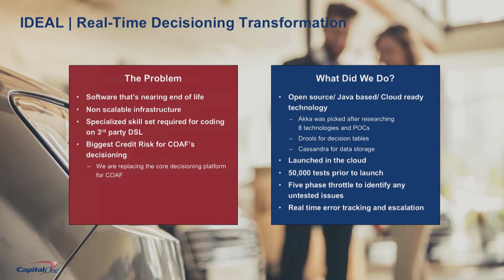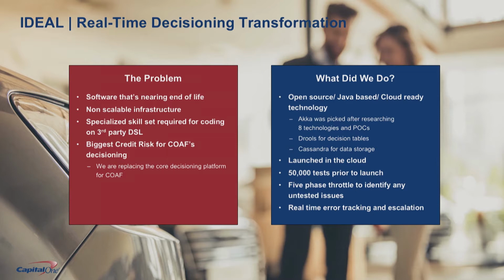So this was the giant credit risk for the company, and we knew we wanted to do this fast. We knew we had to do this thousands of times a second. We knew it was a 24/7 operation, and we have some big data use cases, and I'll get into some of those things later.